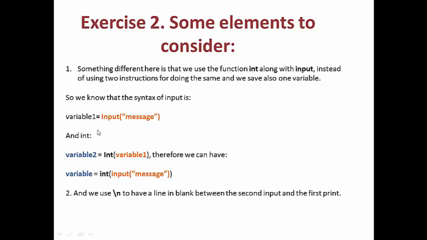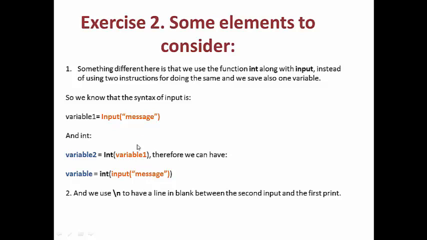We know that with the instruction input you ask for information: input, parentheses, quotation marks, the message. We store the result in a variable, and with int, integer, we know that we can convert a variable into an integer and we store it in a variable too. So we combine this: variable 1 is input, parentheses, quotation marks, message, close quotation marks, close parentheses.